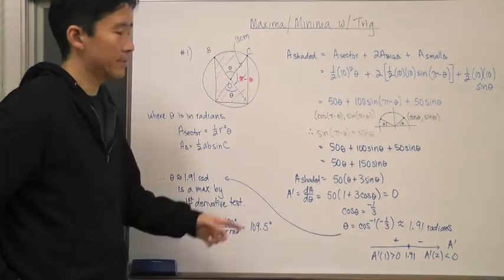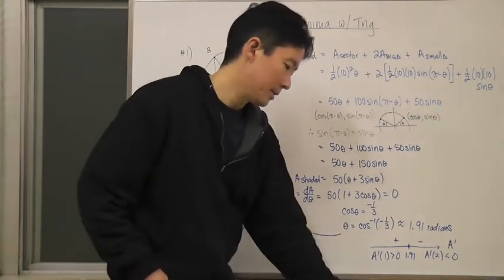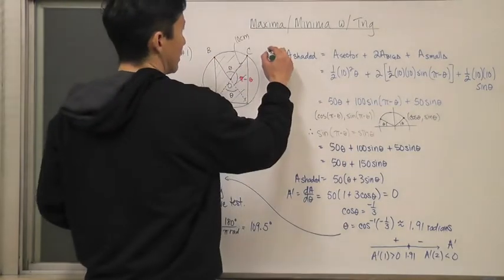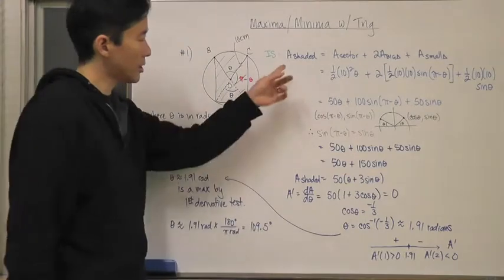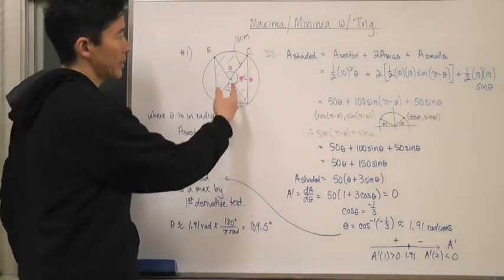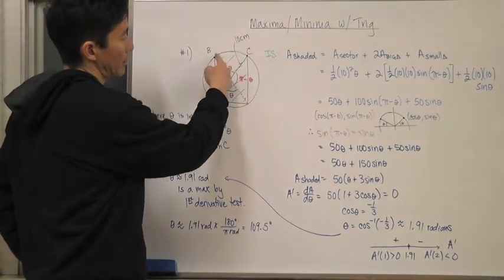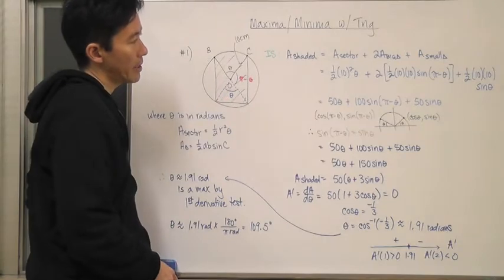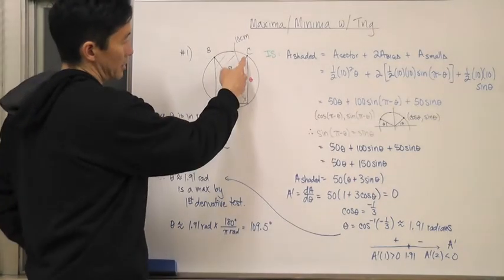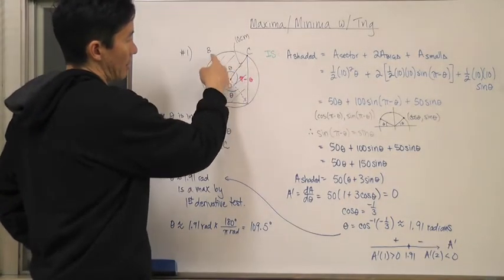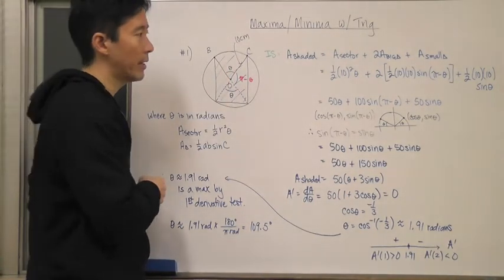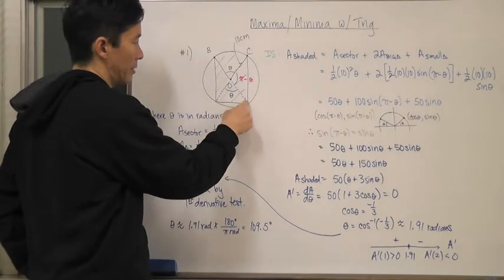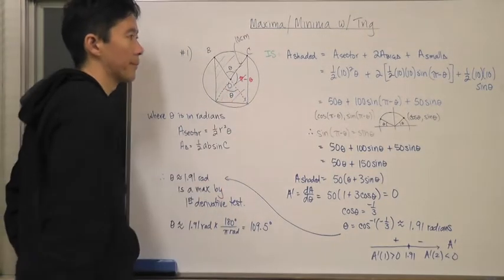So here's my initial statement: the area of the shaded part is going to be the area of this sector here, plus the area of two big triangles, that triangle there and that triangle there, which of course are exactly the same in area, plus the area of the smaller triangle at the bottom here.